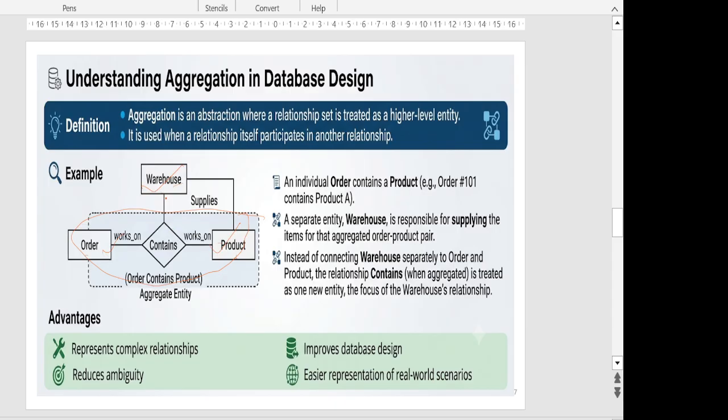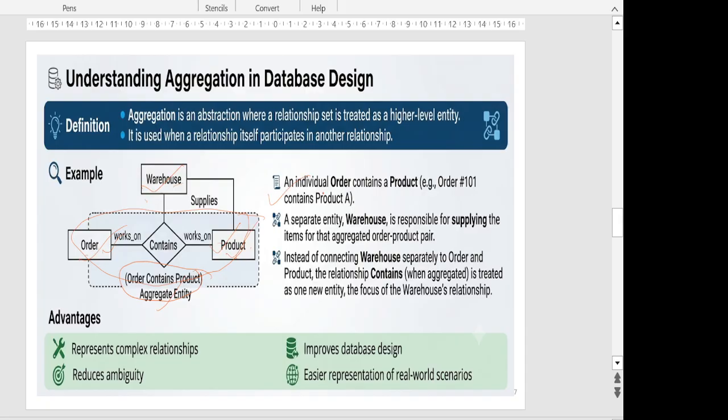Because the warehouse will take the order, and from the warehouse the product will be supplied, right. So the warehouse takes the order and at the same time supplies the products. One order contains the order and products. So this is the aggregated entity.